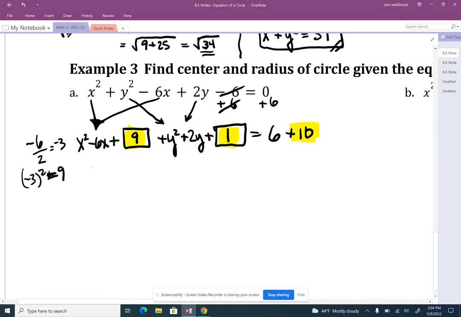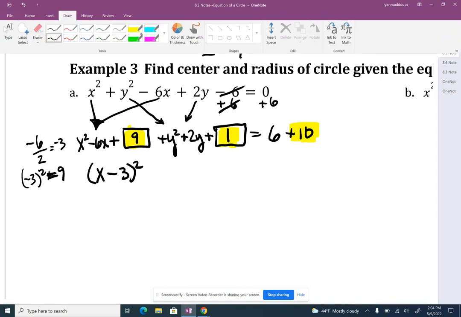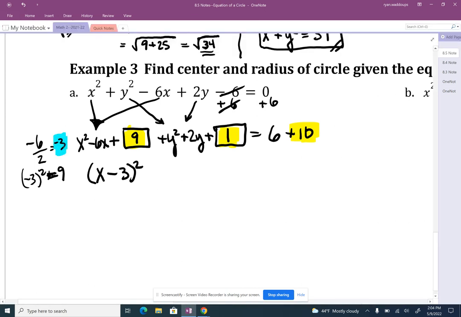And so then I can rewrite this as x minus 3 squared, taking this minus 3 was half of my b value, and so that's what I put here, minus 3. And then I'm going to put plus y plus 1 squared, which you recall was this.